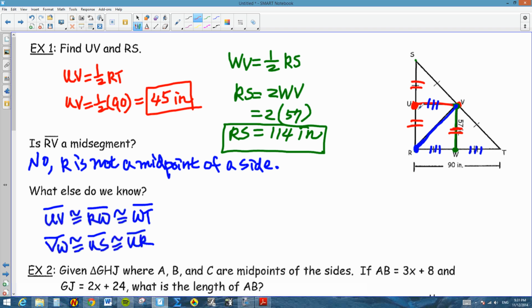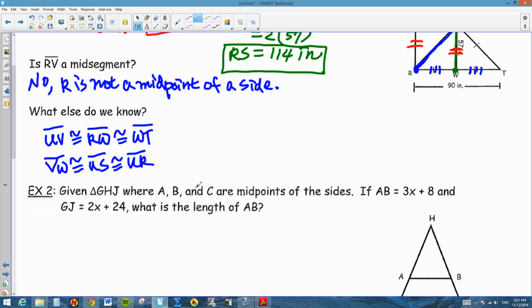VW congruent to US and UR. Okay, that's example 1.